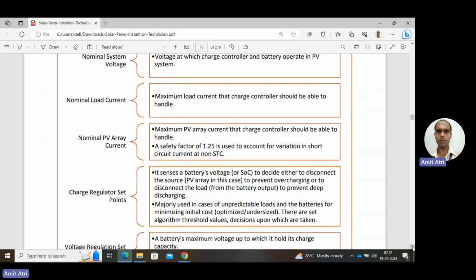Nominal PV array current is the maximum PV array current that the charge controller should be able to handle. There is a safety factor of 1.25, for adjusting the variation of the circuit, maybe because standard conditions, the standard temperature, are not always available. In that case, there is a safety factor range.